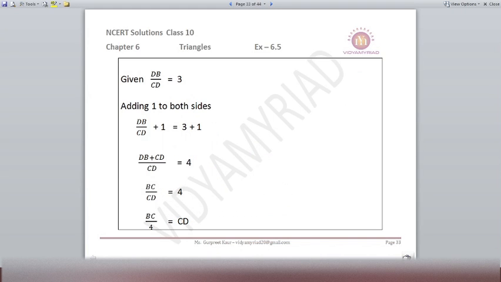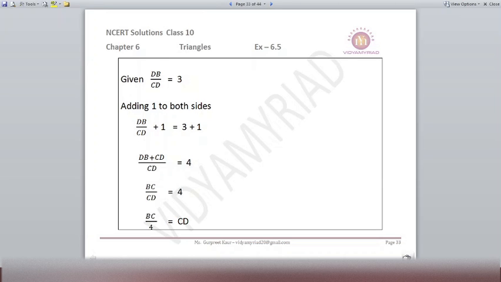Now we are already given that DB upon CD is equal to 3. What we will do is add 1 to both the sides, so it becomes DB upon CD plus 1 is equal to 3 plus 1, and if we take the LCM, it becomes DB plus CD upon CD. Now according to your figure, DB plus CD is BC, so BC upon CD is equal to 4, so CD is BC upon 4.